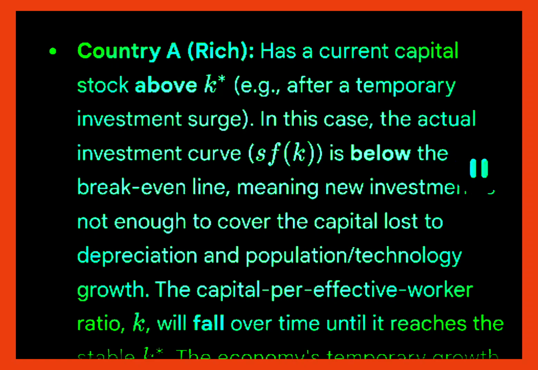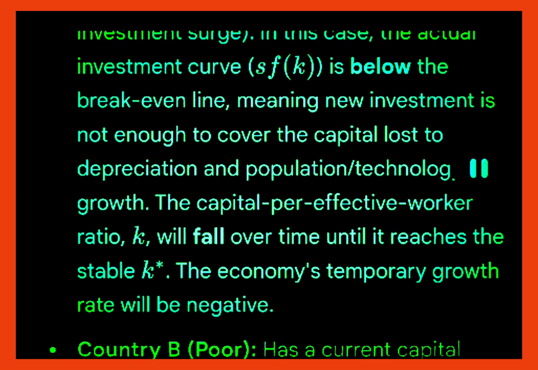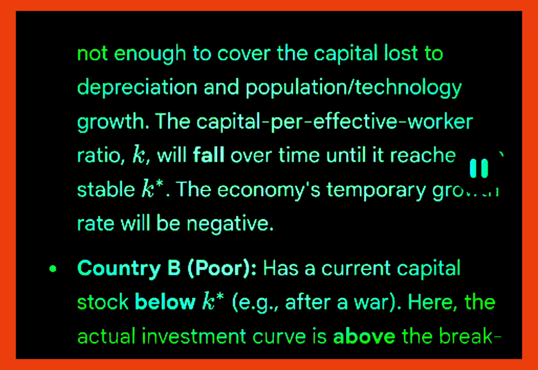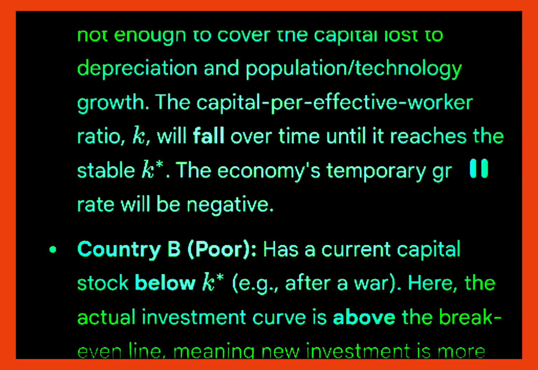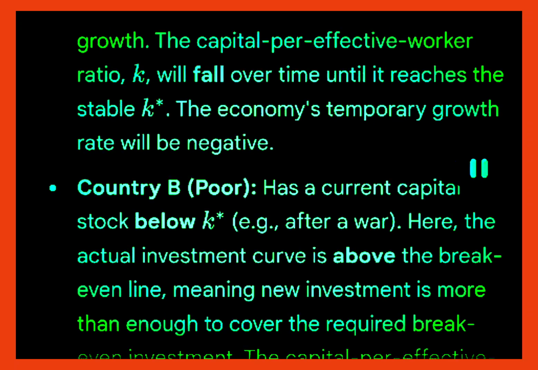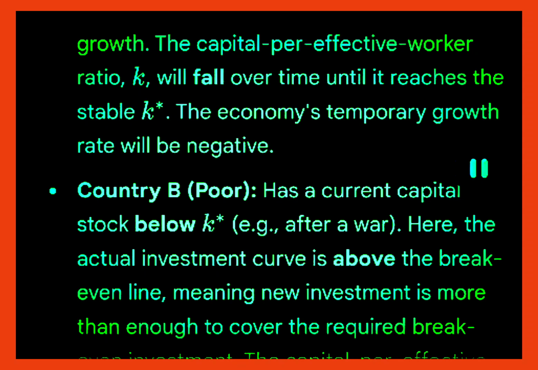In this case, the actual investment curve, sf(k), is below the break-even line, meaning new investment is not enough to cover the capital lost to depreciation and population and technology growth. The capital per effective worker ratio, k, will fall over time until it reaches the stable k*. The economy's temporary growth rate will be negative.